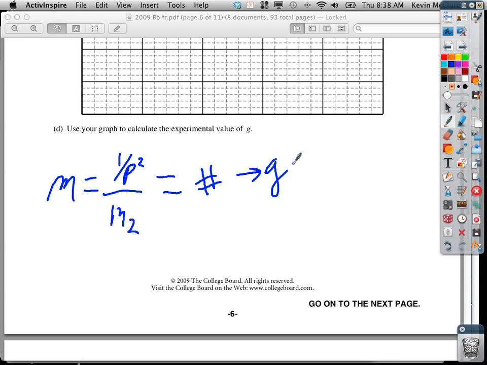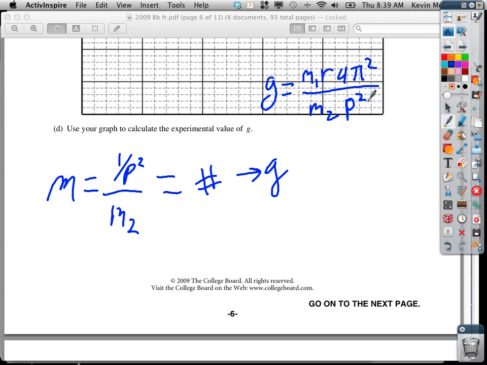Well, if you go back to the equation that we had above, it was something like G is equal to M1 R 4 pi squared over M2 p squared.